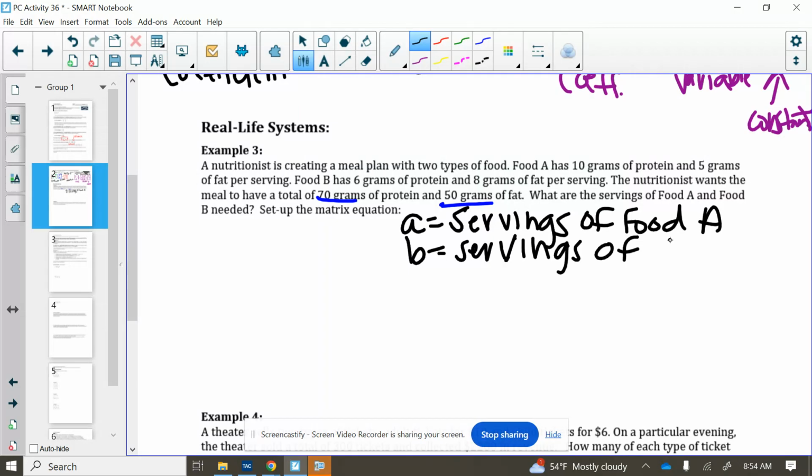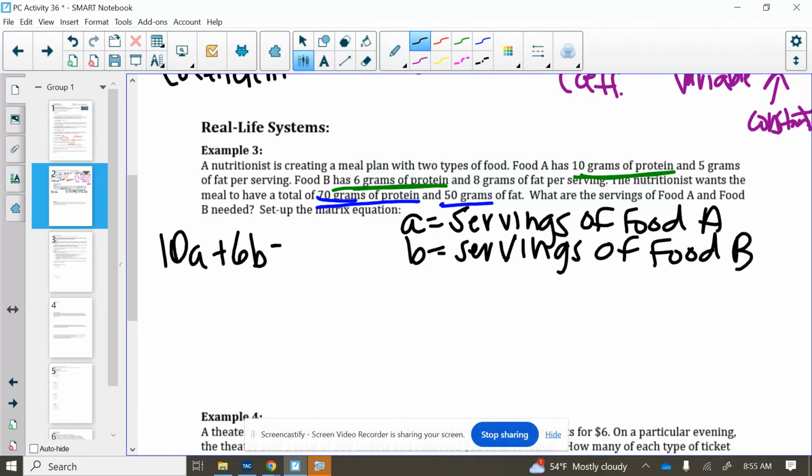of food B. And if I know I want 70 grams of protein total, I can use the protein from A, the protein from B, and together 10 grams from A plus 6 grams from B times however many servings should equal that 70.